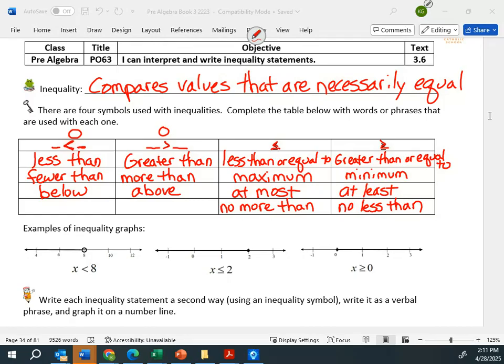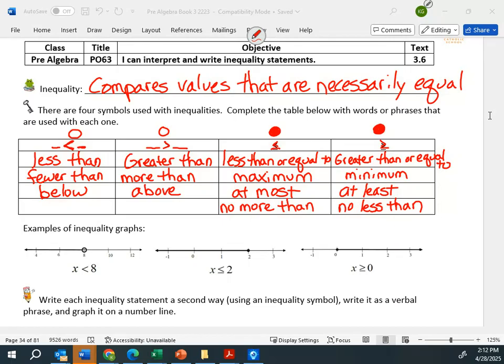But if we have an equal sign under it, we're going to close in our circle to say, yes, it could be 10 for the $10, or it could be something less than it. Or it could be that 80% or a number greater than it. So if it can be equal to it or more, equal to it or less, we fill the circle in.